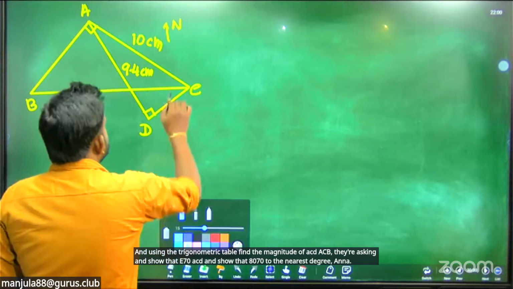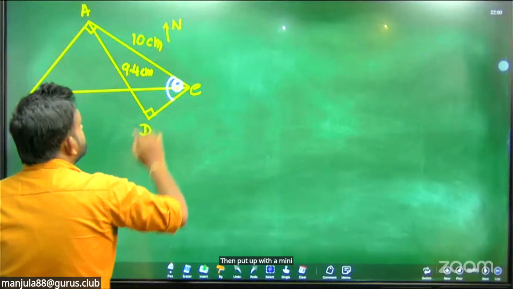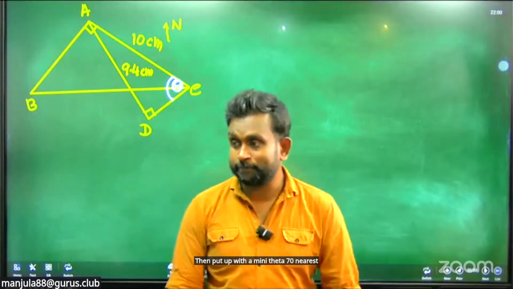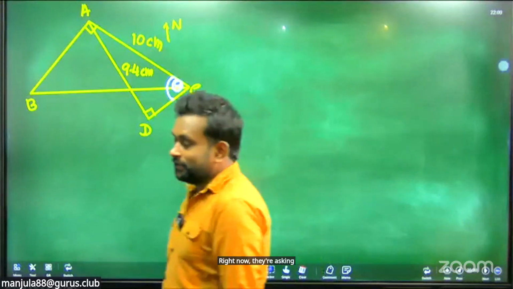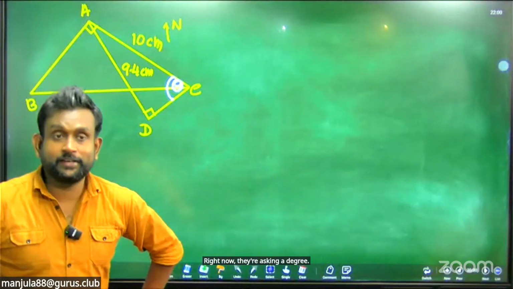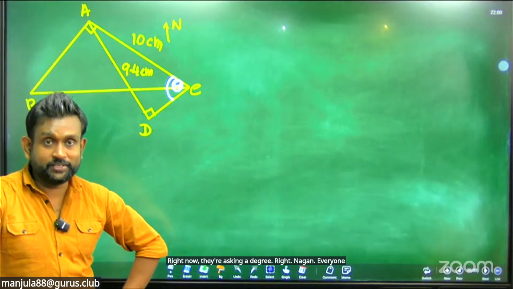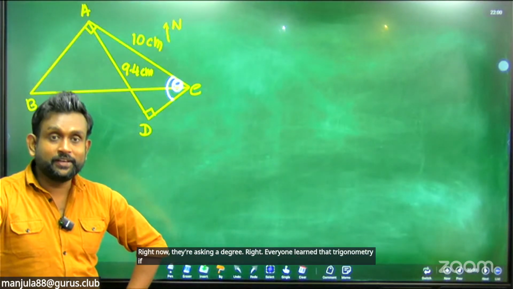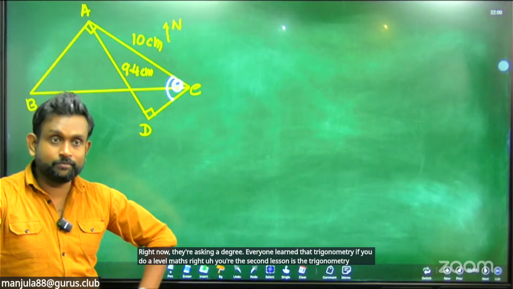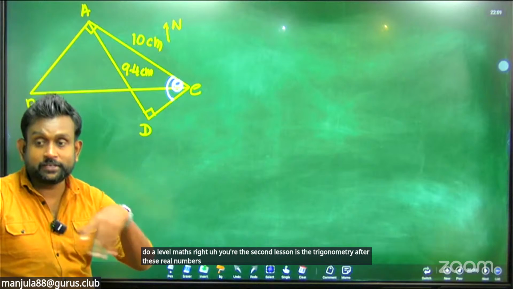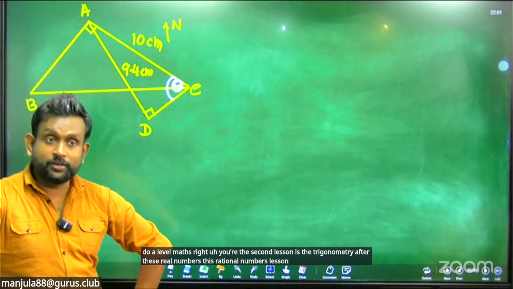Now, son, they are saying this theta is 70 to the nearest degree. Right. Now they are asking for the degree. Right. Learn the trigonometry well. Everyone learn the trigonometry. If you do A-level maths, the second lesson after real numbers and rational numbers is the trigonometry. The major lesson is the trigonometry.